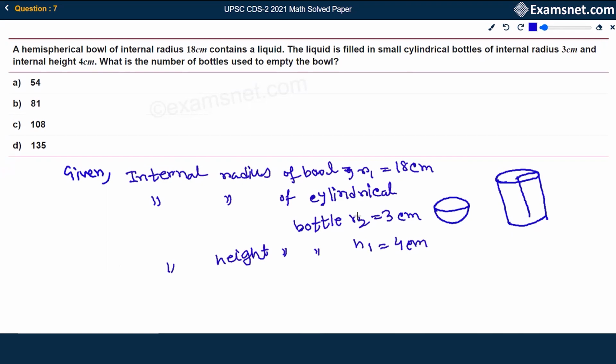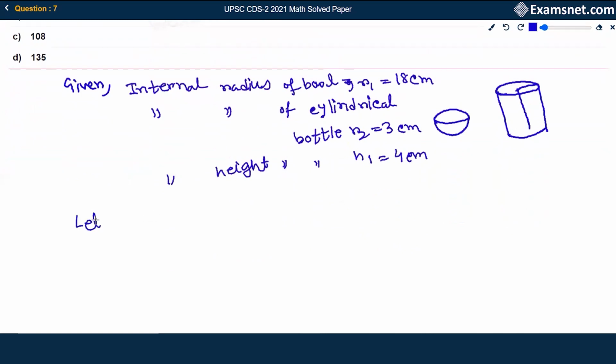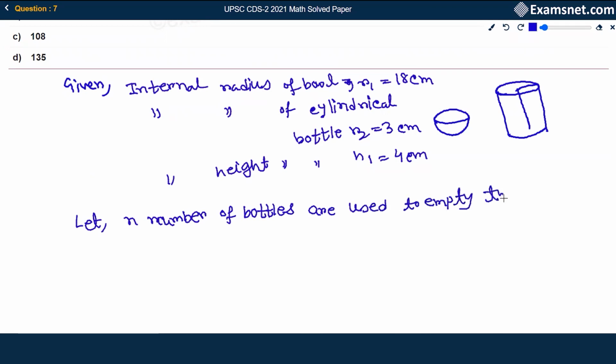Okay, now we can assume n number of bottles are used to empty the bowl. Let n number of bottles be used to empty the bowl, right? Now, so that bowl will be completely empty, right?